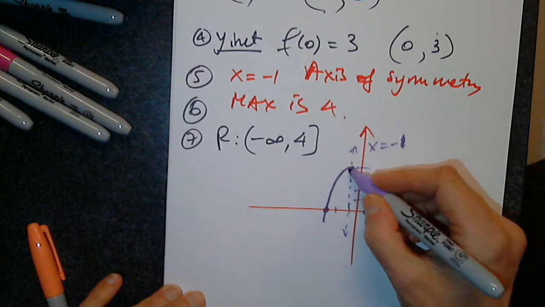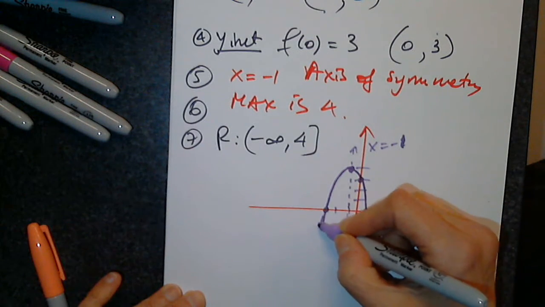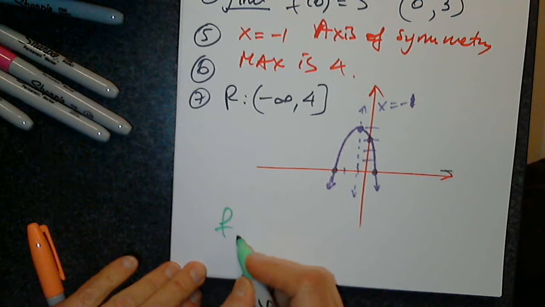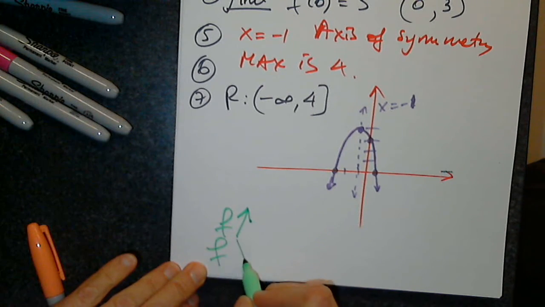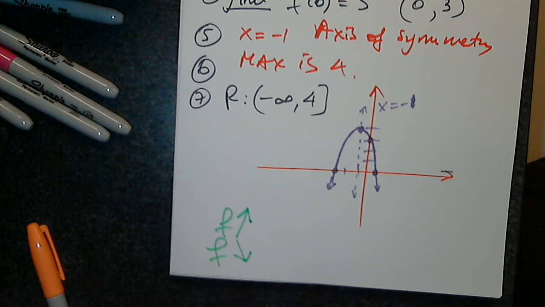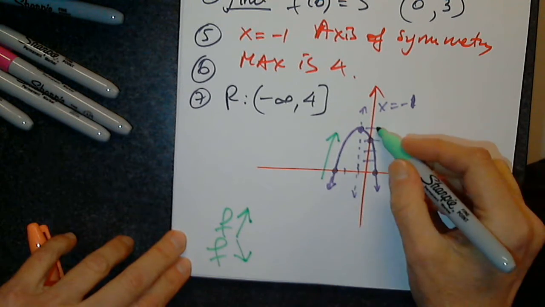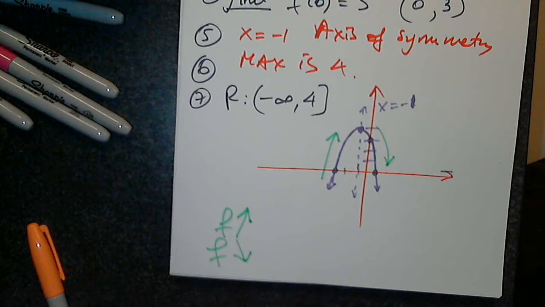I want to add something here, and here's my question. Where is this function increasing and where is this function decreasing? From -1 to the vertex. Remember, the increasing and decreasing intervals refer to x only.